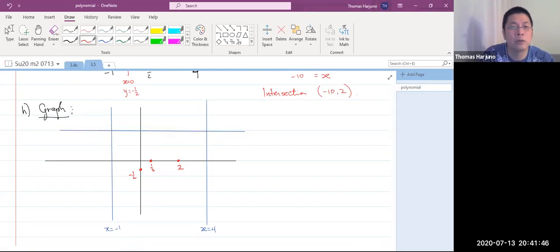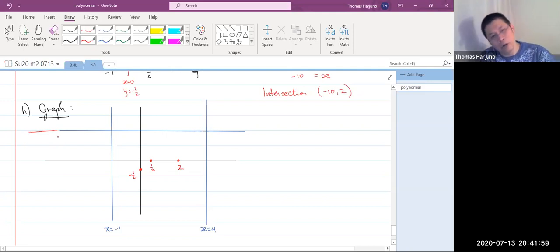Then, what happens to the graph? Come from negative infinity, right? When x goes to negative infinity, I go this way. Now the thing is, I don't know if it is above or below. I know for sure that it won't be like this. It won't go down, because if it goes down, I must have an x-intercept there, which according to my computation is not the case.